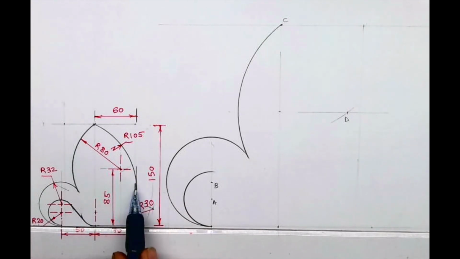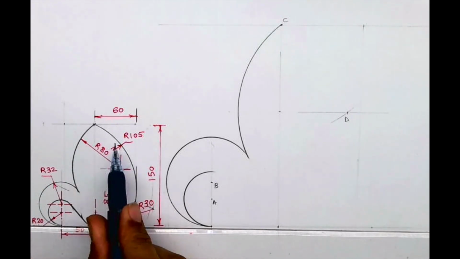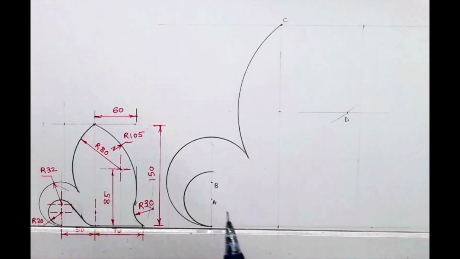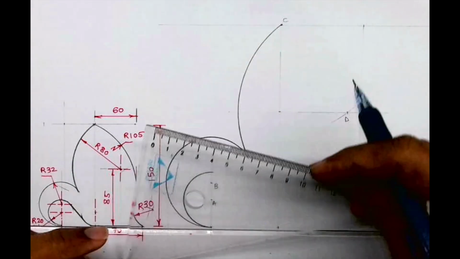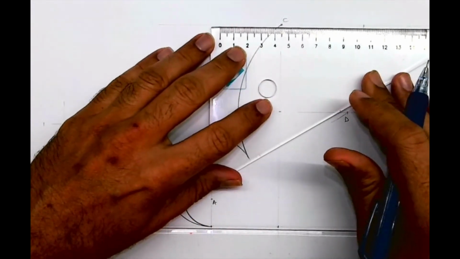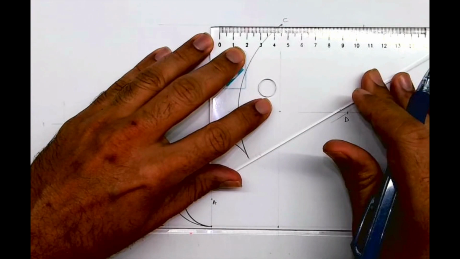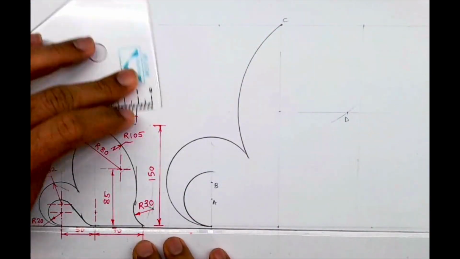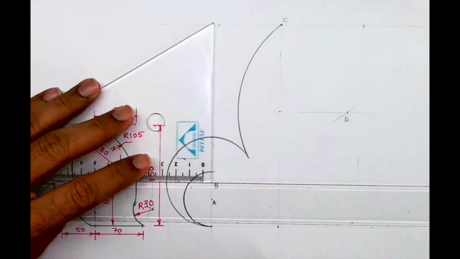And if you see, this is 105 parallel line, and from this point it is 105, right? So from point C we need to cut 105. So see, first I will take 105, because if you see this radius 105, it is parallel to this line 60.